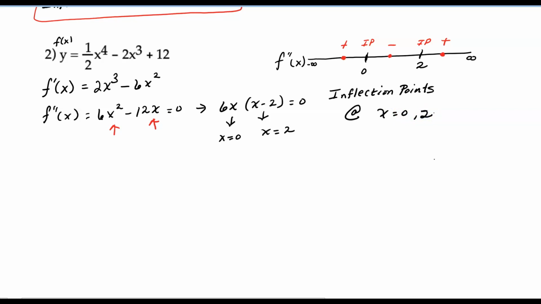And so let's see here. I'm going to write inflection points at, and actually I didn't evaluate. Silly me, I didn't do that. All right, we can do that right here below. All right, f of 0 and f of 2.